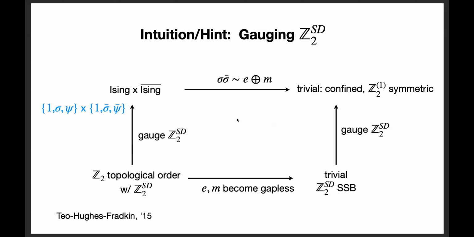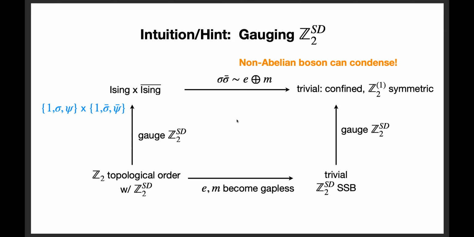And even though we have the problem that on the bottom line, E and M have mutual statistics and can never condense together, on the top line we just have a normal, ordinary sigma boson. Even though it's non-abelian, it still can condense. So on the top line, the transition is very easy to understand. We're just tuning the gap of sigma sigma-bar to be gapless, and once that happens we can apply our ordinary anyon condensation theory.